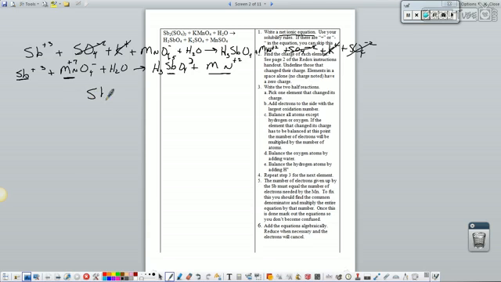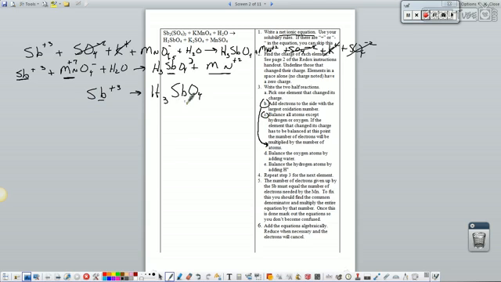So Sb plus 3 yields H3SbO4. And then it says pick one of the elements, add electrons to the side. Actually, I'm going to change this so that this becomes number C and this becomes Z. So I'm going to balance all of the atoms except hydrogen and oxygen.